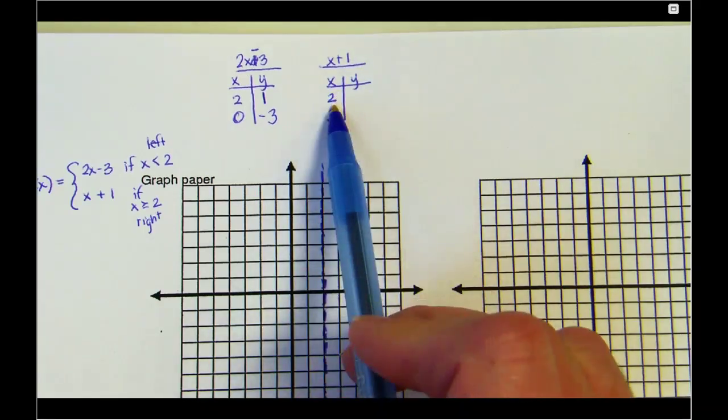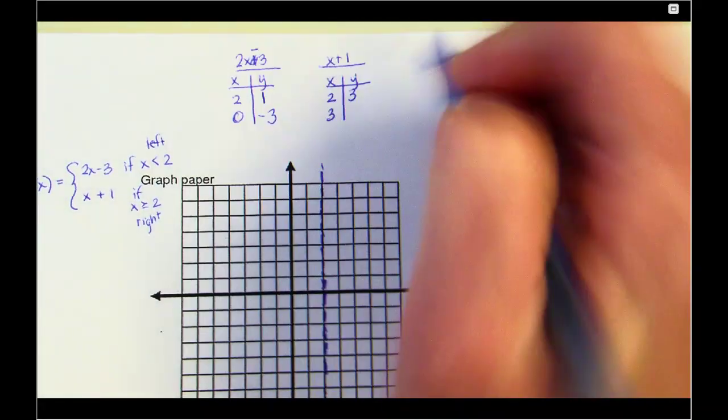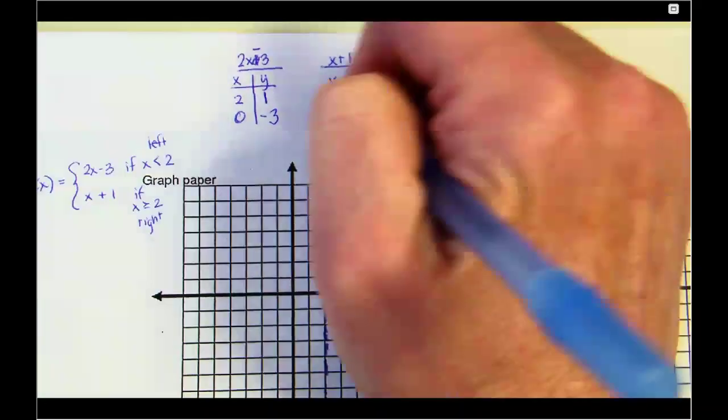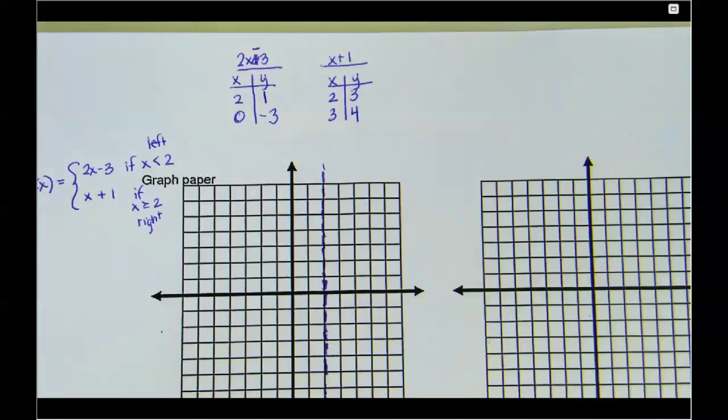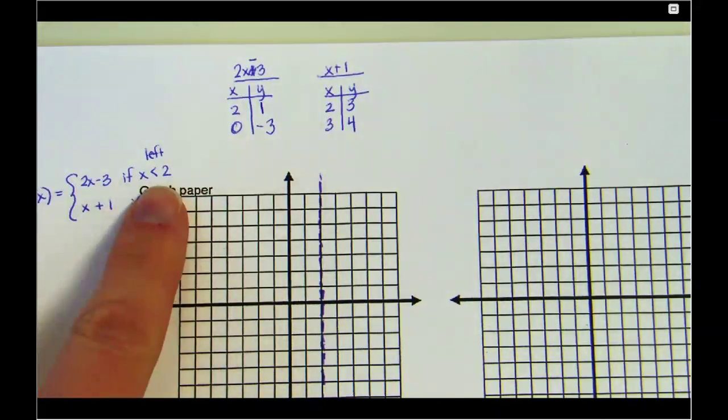Now, this was a nice, easy equation to plug into. If x is 2, what is the y? 3. And if x is 3, what is y? 4. Okay, we're almost ready to graph. I told you it takes lots less time than it does to write about it. Now, in 2x plus 3, is this 2 an open circle or a closed circle?